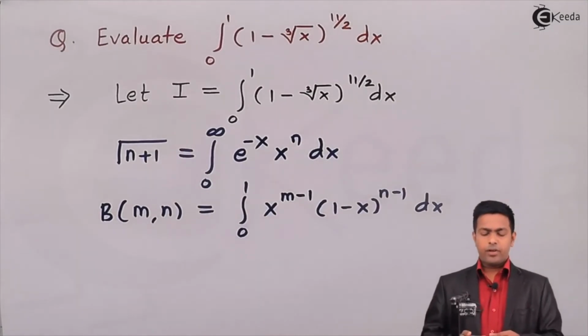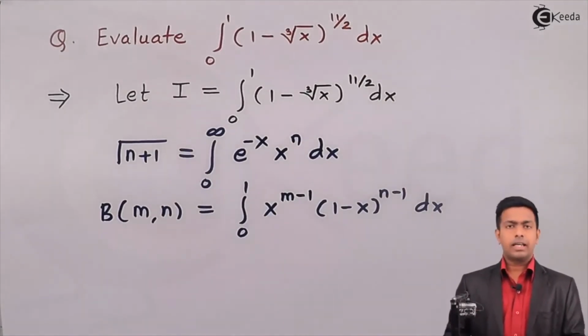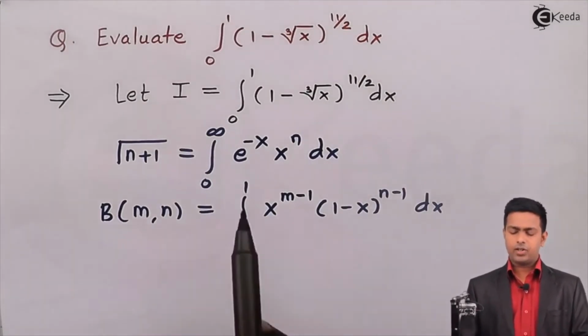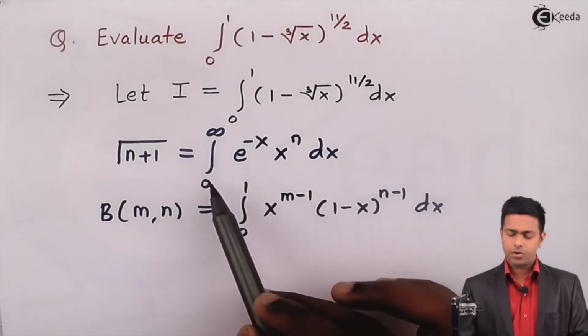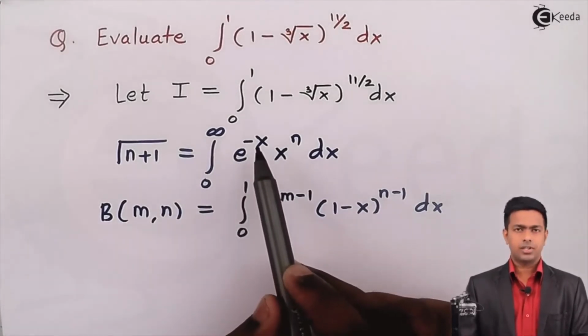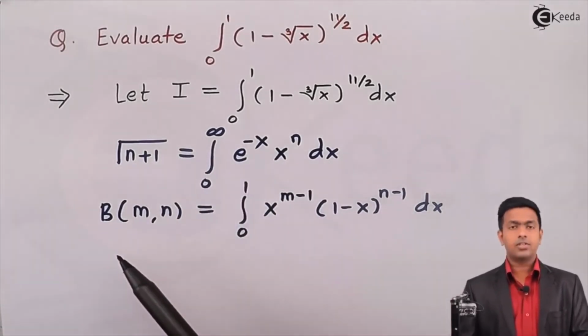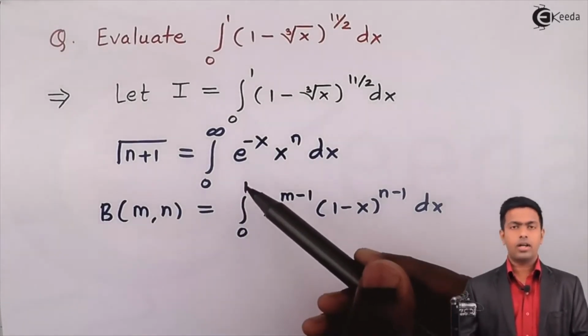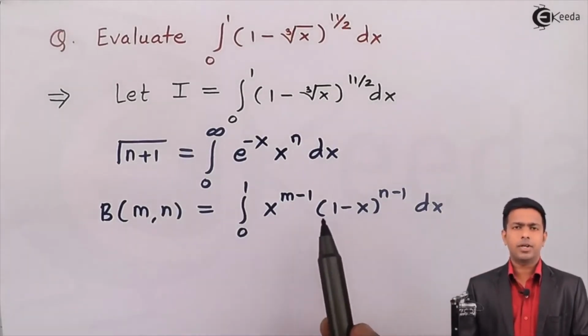So now if you see the definition of gamma function, we have integration from 0 to infinity, and we should have one exponential term. Whereas in the definition of beta, the limit is from 0 to 1 and both the terms are algebraic terms.